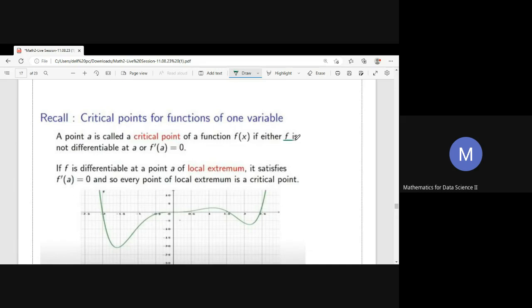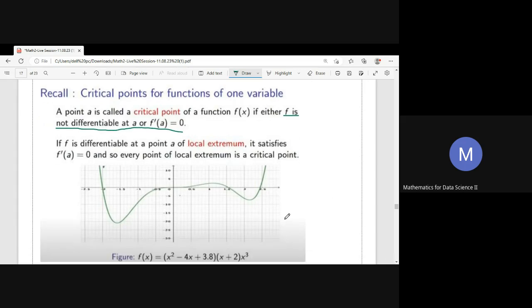There are 2 conditions, remember. f is either not differentiable at a or f dash of a is 0. If f is differentiable at a point a of a local extremum, it satisfies f dash of a equal to 0. So every point of local extremum is a critical point. For example, what are local extrema in the one variable case?